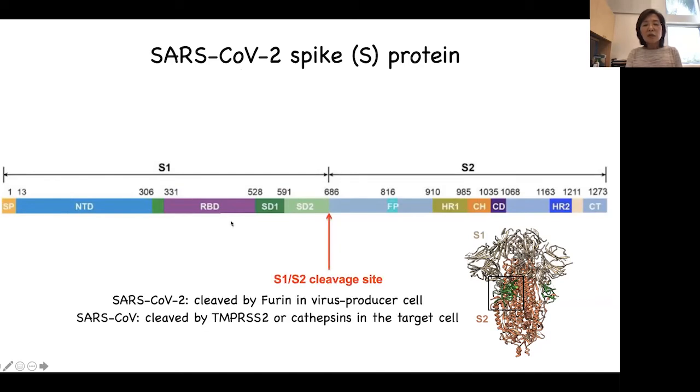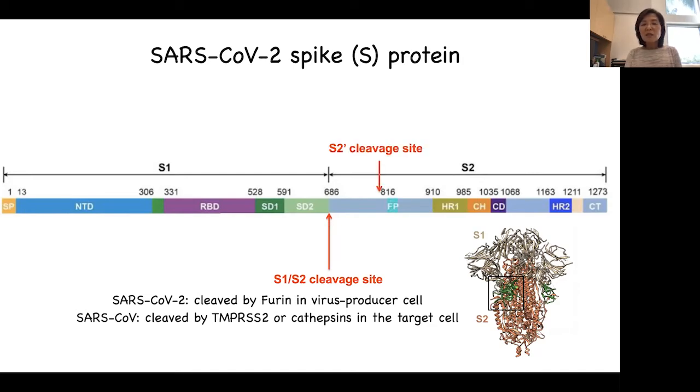But SARS-2 is cleaved by furin in the producer cell. That is the important part. In the case of SARS-1, it's cleaved by TMPRSS2 or cathepsin in the target cell. But in the case of SARS-2, it's cleaved by furin.